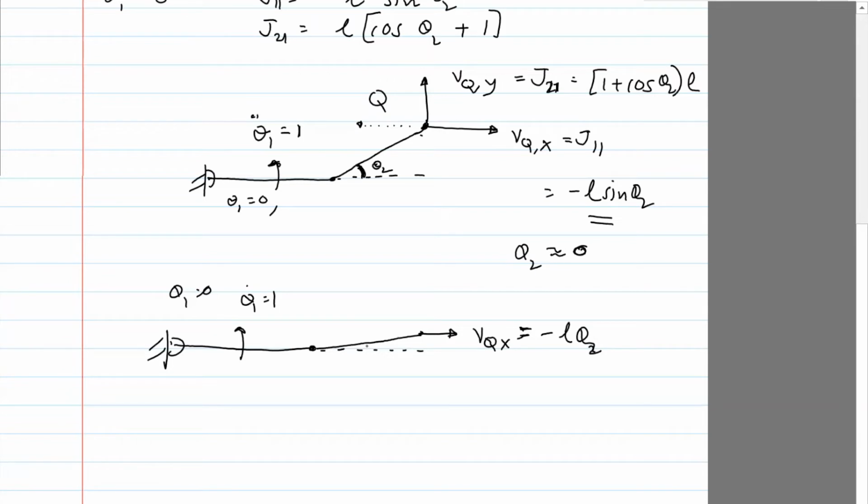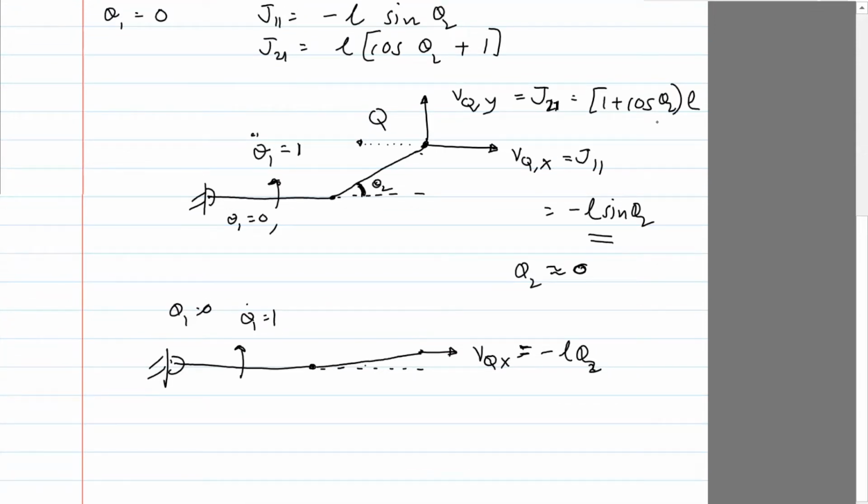And for the other one, we have cosine of 0 is almost 1, so J21 is 2L. So this is saying that when theta 2 is small, the velocity of this is almost 2L. It's going to be in the positive direction upwards, while this one is going to have a velocity this way. So this is minus L theta 2. And so that sort of agrees with intuition.